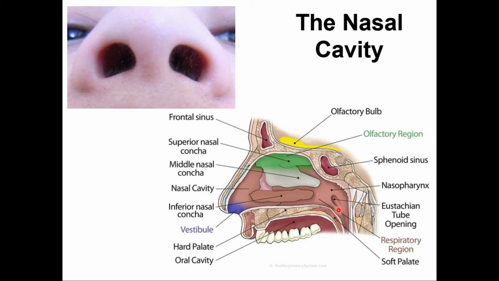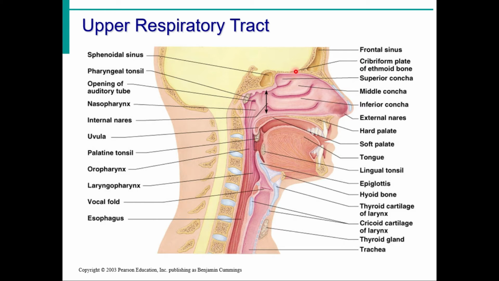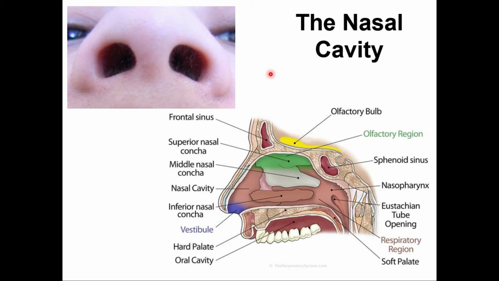The floor of the nasal cavity is formed by the hard palate, as we have already seen in the last diagram, while the roof consists of the cribriform plate of the ethmoid bone posteriorly. The cribriform plate is present here. The nares and anterior portion of the nasal cavity contain sebaceous glands and hair follicles that serve to prevent any larger harmful particles from passing into the nasal cavity.